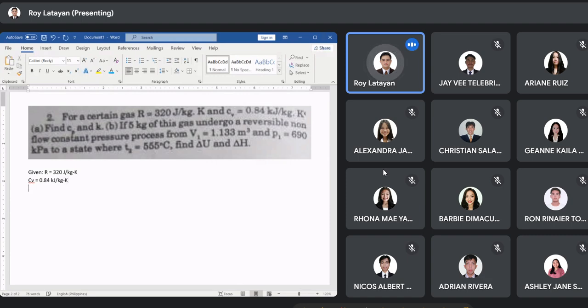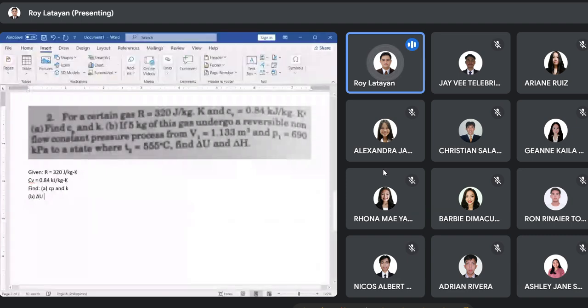Yan. So, pinapahanap for letter A is Cp and k. For B, pinapahanap naman is delta U and delta H. So, maraming given dun.